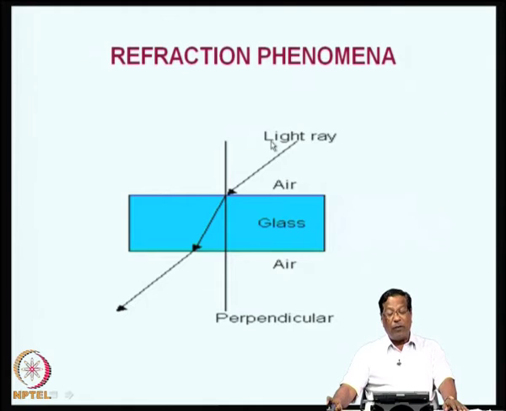You can use a vacuum also, but the normal situations we see are light rays entering from air into one medium and then passing out again into the air after the medium ends. So, we have a light ray that bends like this and then goes out, and this is perpendicular.